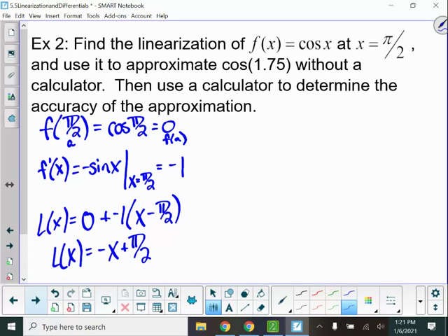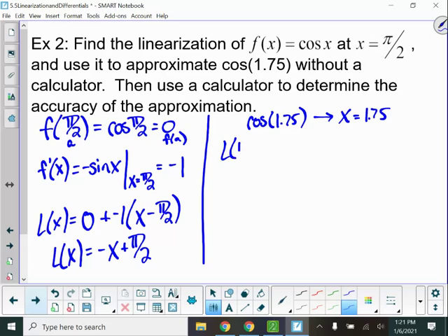So now, the cosine of 1.75 is going to be my x value. So I simply plug this in. So I'm finding the linearization of 1.75. So that's negative 1.75 plus pi over 2.